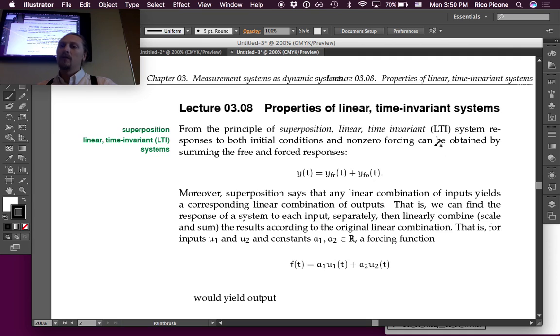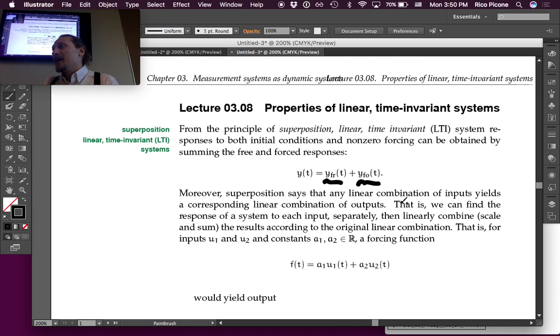And so the solution, when you have both, can be obtained by summing the free and the forced response. So we developed some free response solutions. We developed some forced response solutions. Turns out that if you have initial conditions and you have forcing, all you need to do is just add the two together.